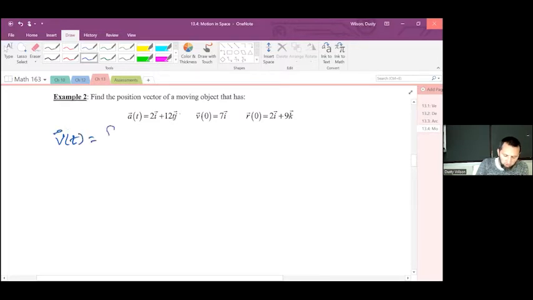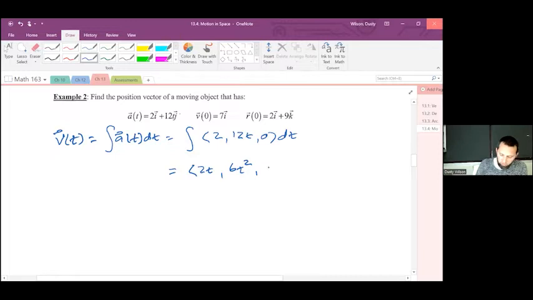So we note that the velocity will be equal to the antiderivative of the acceleration, which would be the antiderivative of 2, 12t, 0 dt, which would be 2t, 6t squared, and then the antiderivative of 0 would be 0.